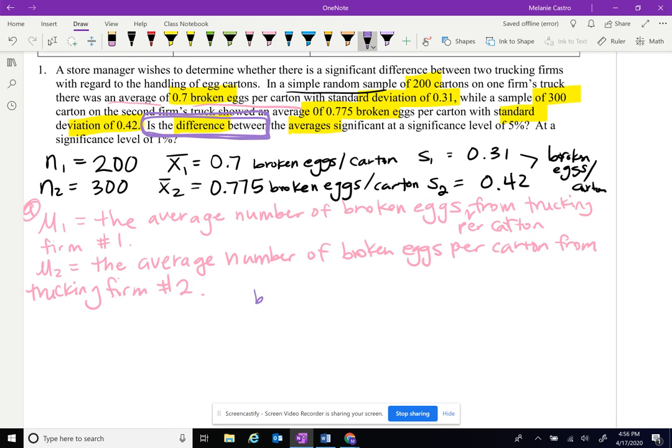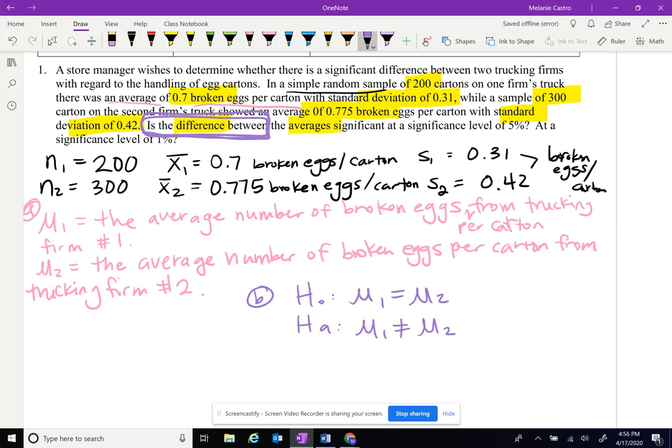Okay. So part B, we should say our null hypothesis would be that they're the same. There is no difference. And your alternative hypothesis to that would be that there is some sort of difference in how many eggs get broken for each group.